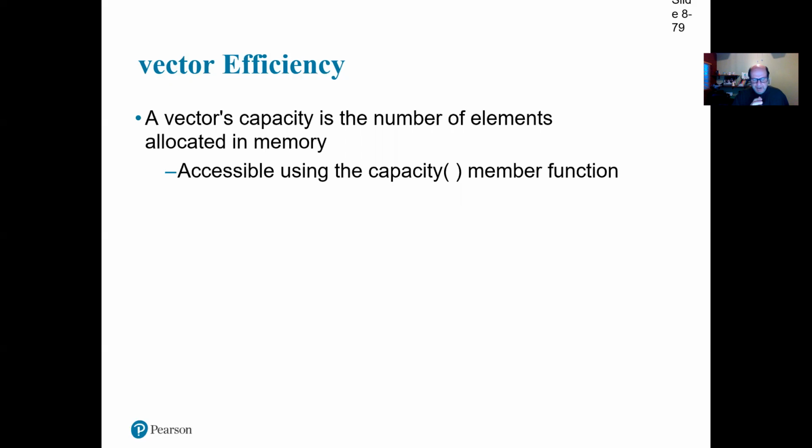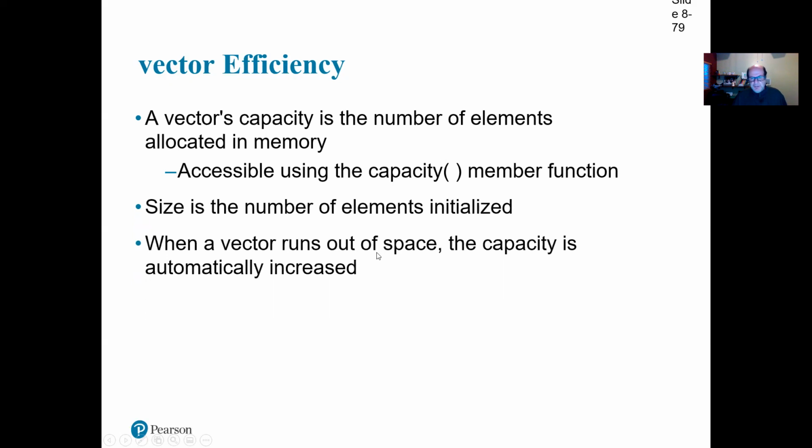But they have figured out that instead of just getting one and next time getting one, it's more efficient to get a lot more and reserve it in the memory. Remember, every time you do a push_back and you are out of space, they have to go into the memory, look for a space and connect it to where you are right now.